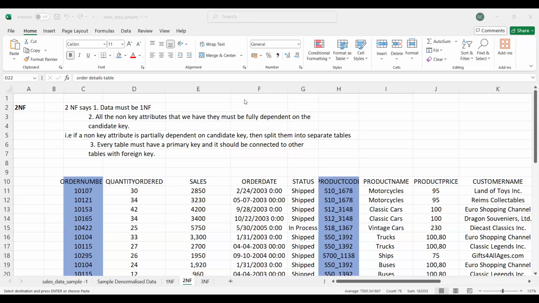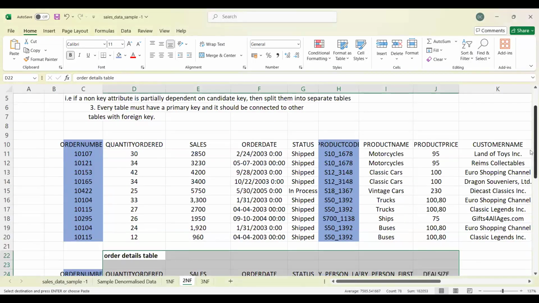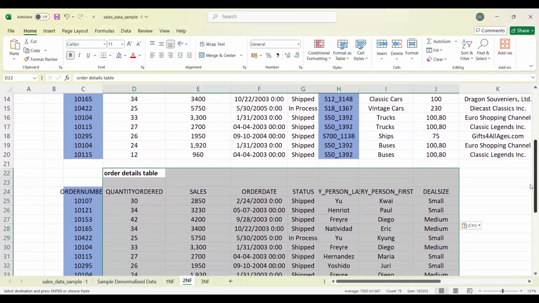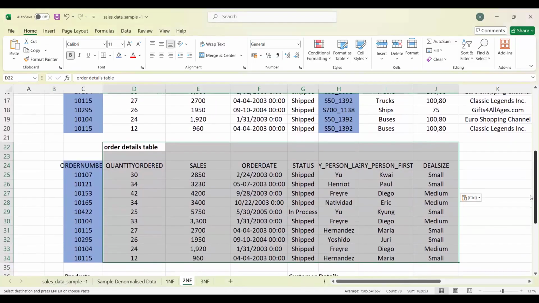So as all the non-key columns are not fully depending on both of the candidate key, I splitted them into separate tables. And whenever I'm splitting them into separate tables, I just make sure all the related columns are kept in one table.